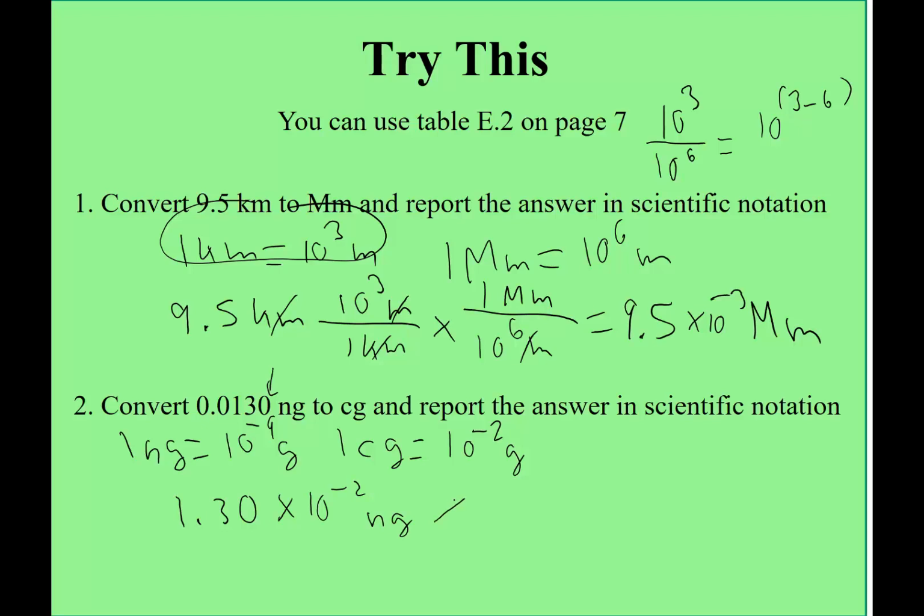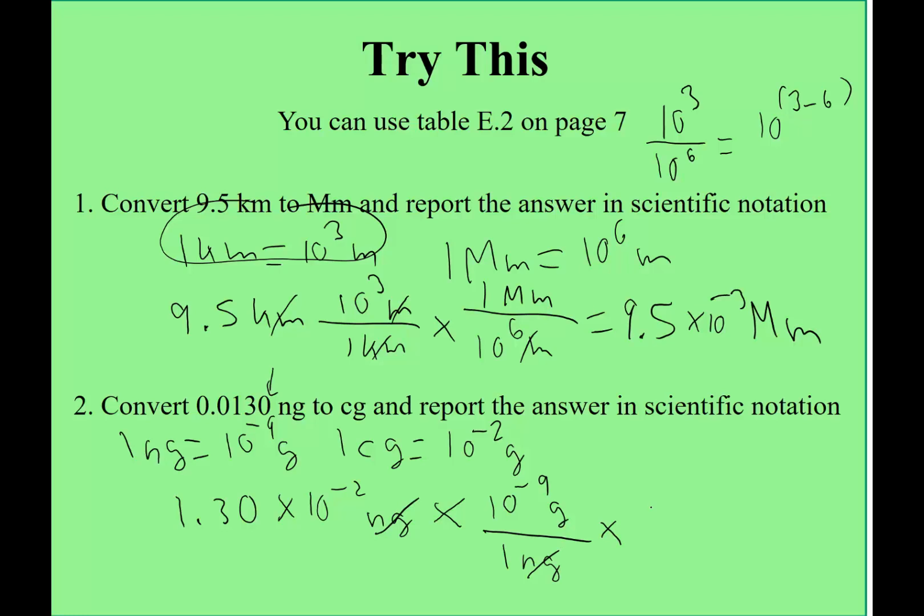First I go from nanograms, so 10 to the minus 9 grams divided by 1 nanogram. So my nanogram nicely cancels, and then I go to centi.